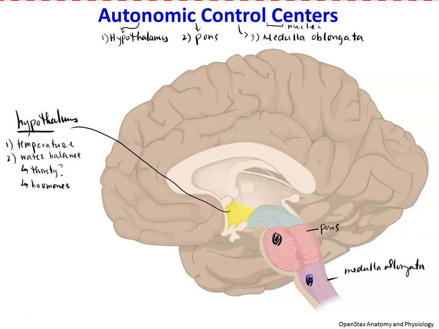So I can control breathing. I can regulate it there. Also, I shared with you folks, I'm going to make it into a triangle, cardiovascular. I can control how fast or how slow my heart is beating.